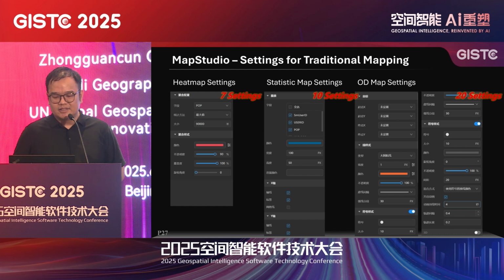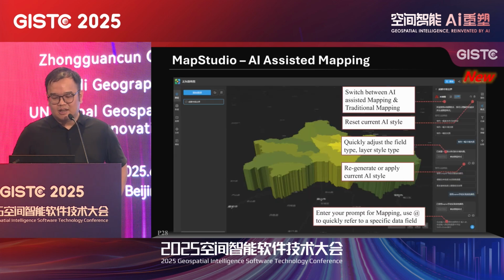Besides what we talked about, I do want to show you the new feature we added into the app, which is the AI-assisted mapping. In the traditional way of making a map, there are many settings that need to be understood, and each one is for a different type of map, so there's definitely a learning curve for beginners. With AI-assisted mapping, it makes the process a lot easier.